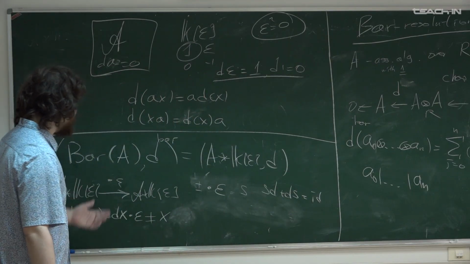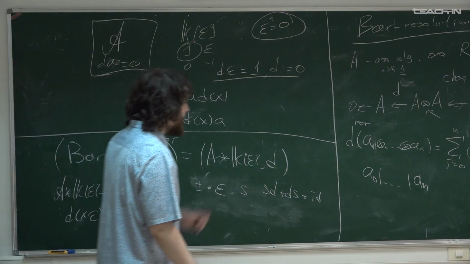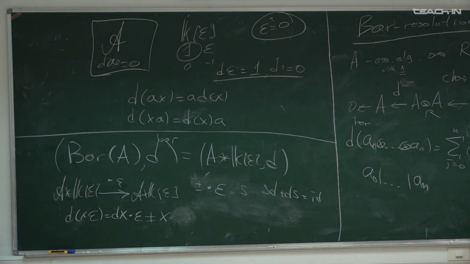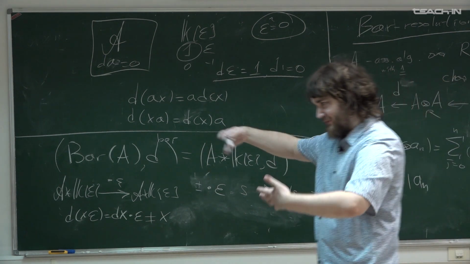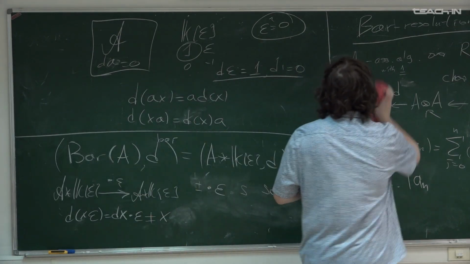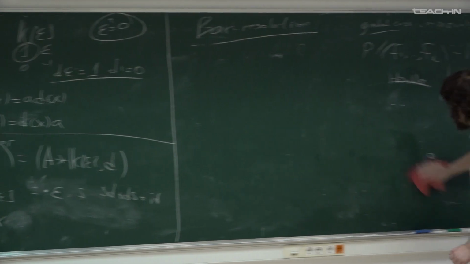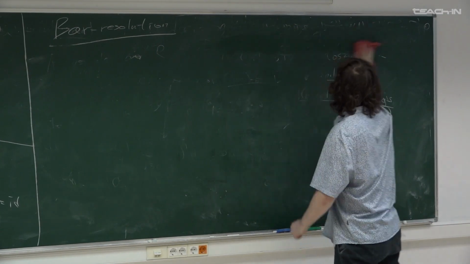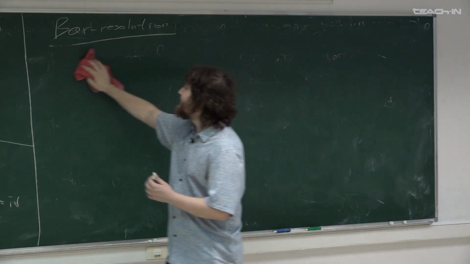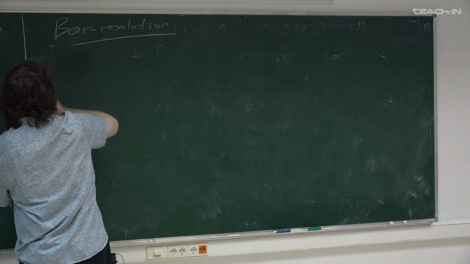So it's contractible. In any algebra where the unit is a boundary, multiplication by this boundary is a contraction. So it's a contractible chain complex, so it's exact. It's the bar resolution.